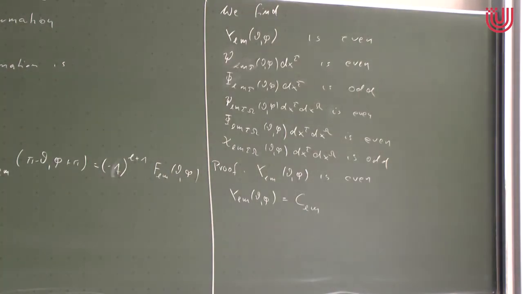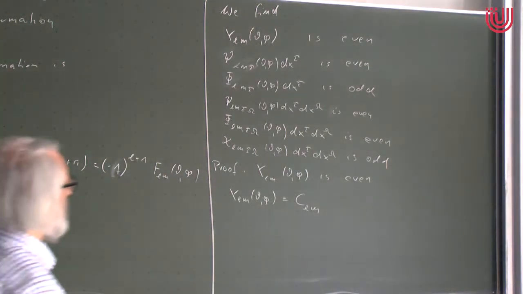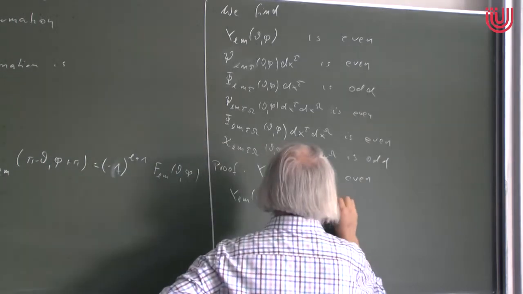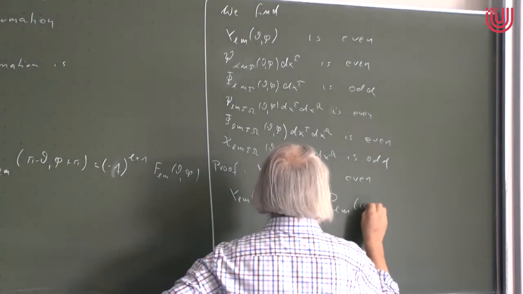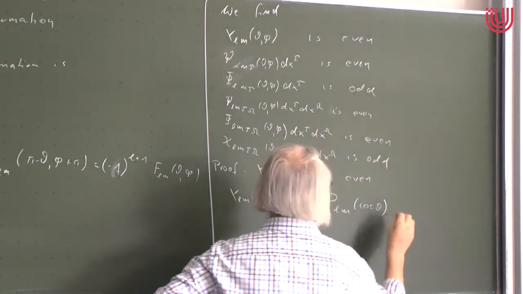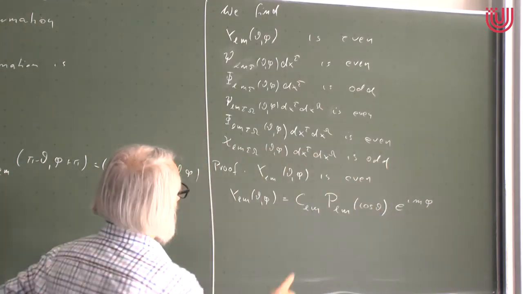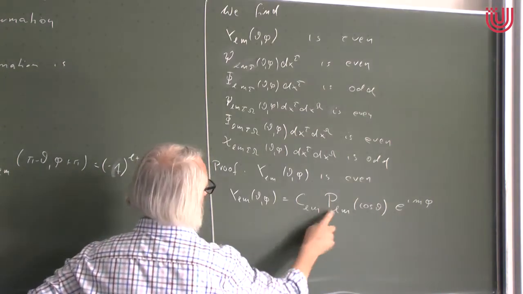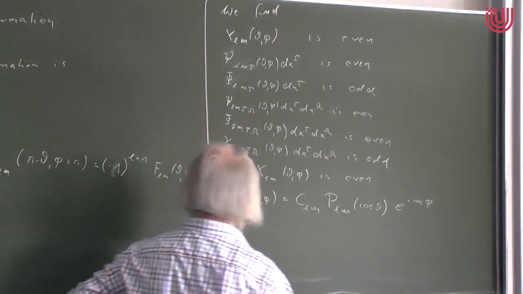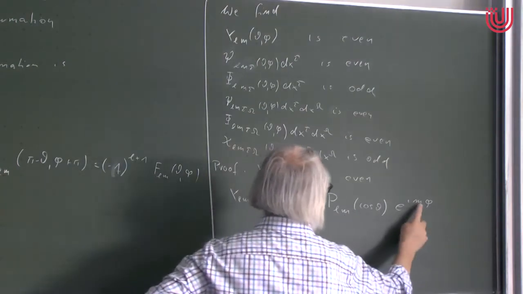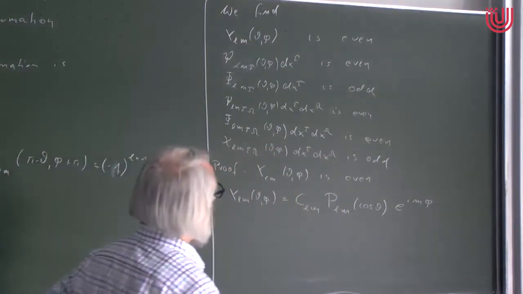They depend neither on theta nor on phi, so they play no role whatsoever. Then we have the associated Legendre polynomials. And then we have the e to the i m phi. So here's the index L, the angular momentum quantum number. And here we have this magnetic quantum number, m.